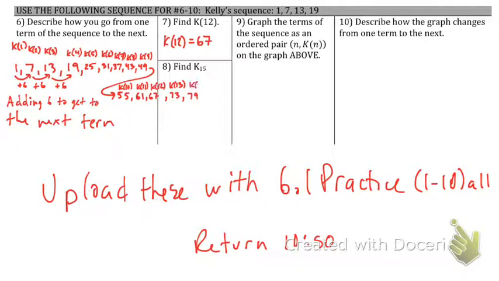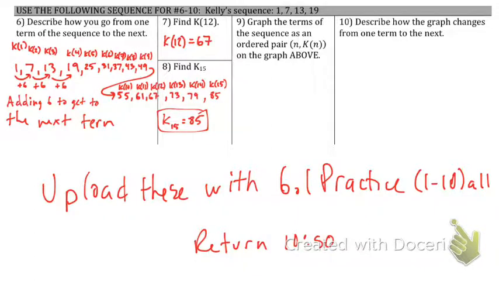K of 14. 79 plus 6 more is 85, and that's K of 15, or K subscript 15. So K subscript 15 is 85. Once you find the pattern, it might take a while, but you should be able to find any term you want.